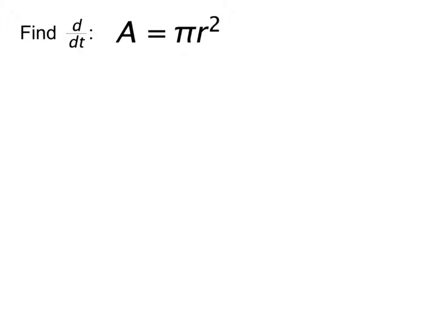So to find this derivative, we're first going to do the derivative of A with respect to t. So that just ends up being written as dA over dt equals. Now the pi, remember, stays a pi, because a constant that's multiplied out front of a derivative just stays multiplied out front of it. So it's going to be pi times the derivative of r squared, which is going to be 2r times the derivative of r with respect to time.